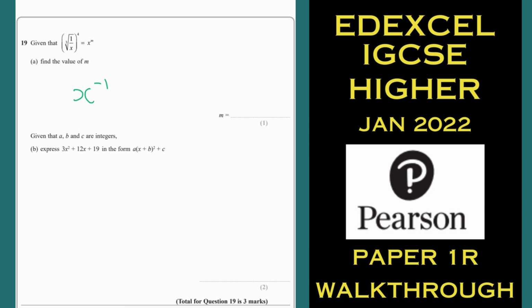Power of a cube root is a third, and power to a power means multiply, which is all to the power of 4, and power to a power means multiply. So that's it. Times all them together. Use your calc if you need to.